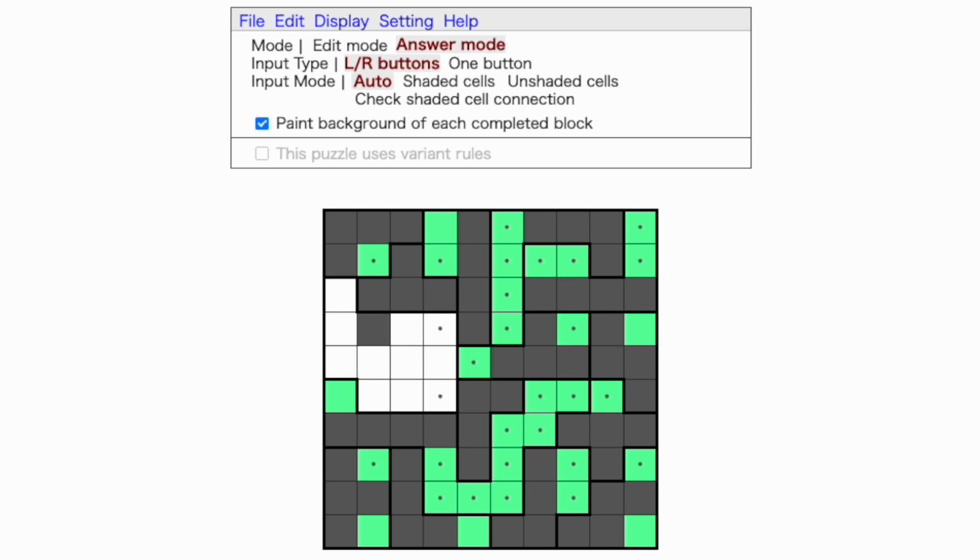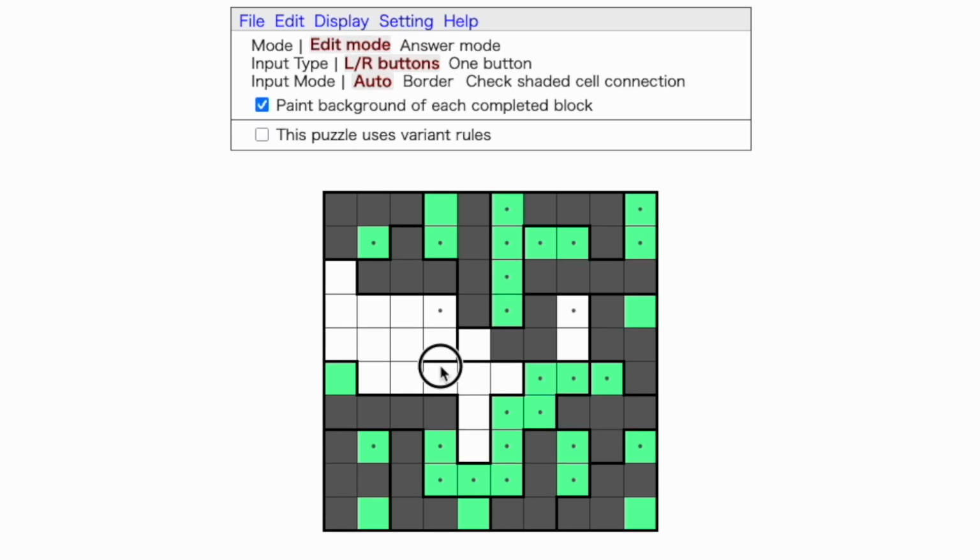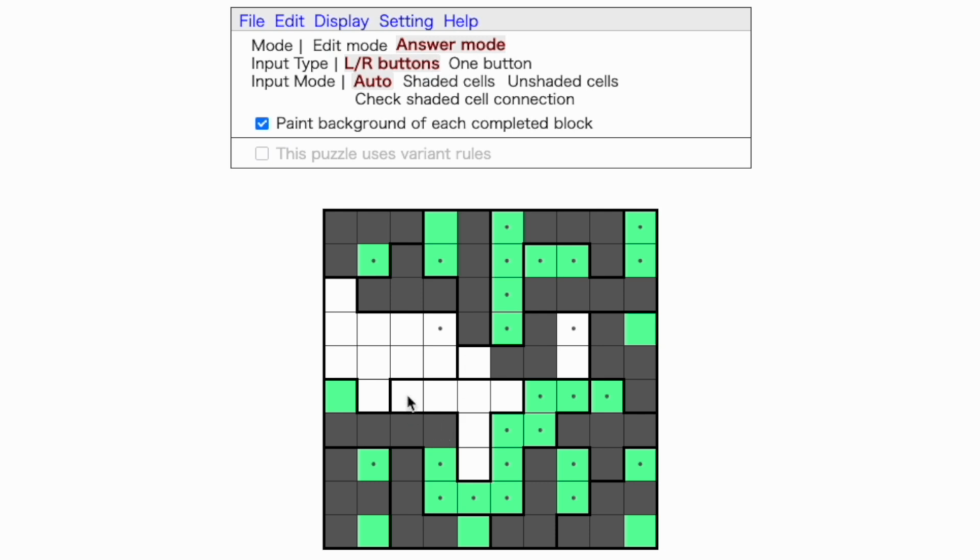Okay. I'd love to make this impossible somehow. What if I extended this? We can't start there because of the 2x2. This would force a 2x2.